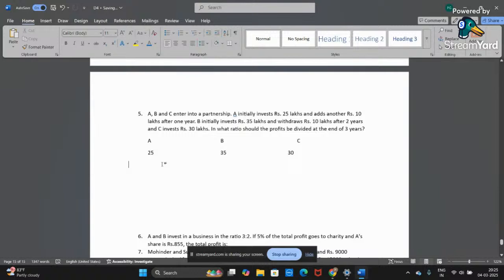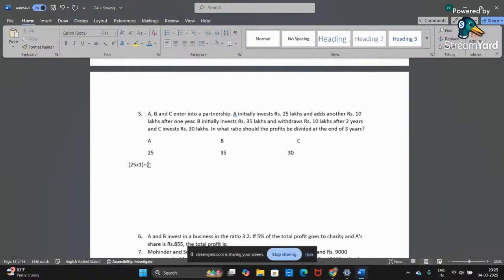Here we need to find the profit ratio. So first A has invested 25 lakhs for 1 year, right? Then adds another 10 lakhs after 1 year.